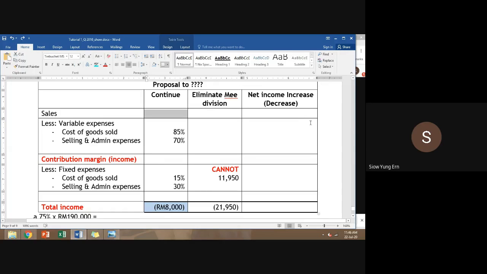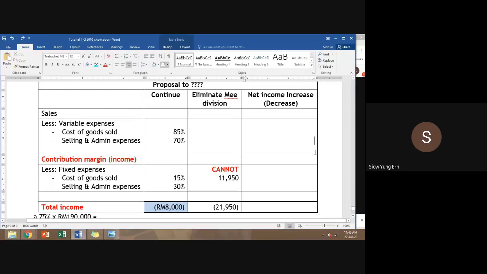Next one, variable expenses, cost of goods sold. Correct, positive, because from 164,000 it becomes 0. So cost decrease, net income increase. So opposite direction. So positive 164,050.